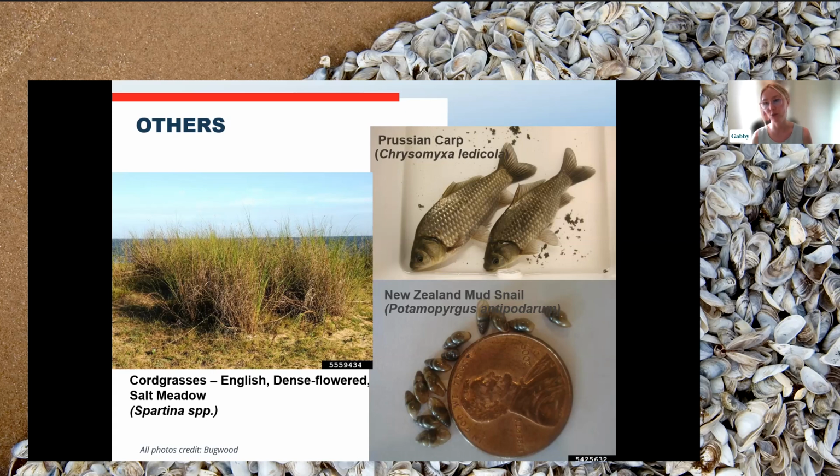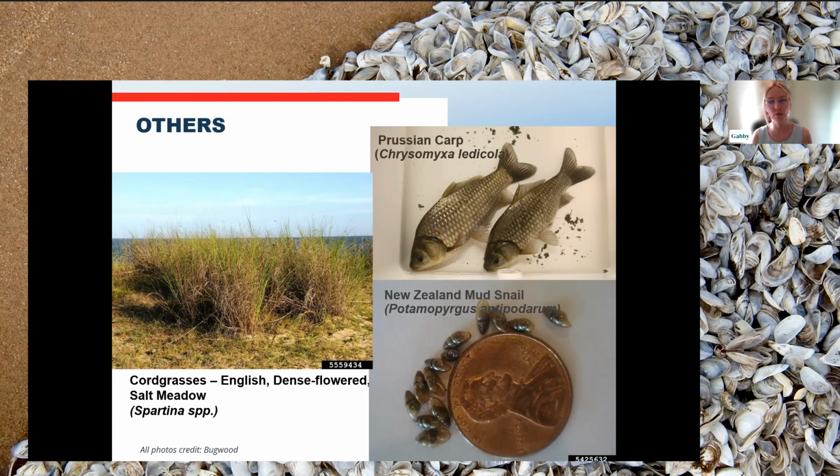Thinking about a ditch with some pretty stagnant water, you might actually find some Prussian carp in there. So a really versatile species that's really great at living in our waters. Something to keep an eye out for too. And again, cleaning, draining, and drying can help prevent the movement of this species as well.